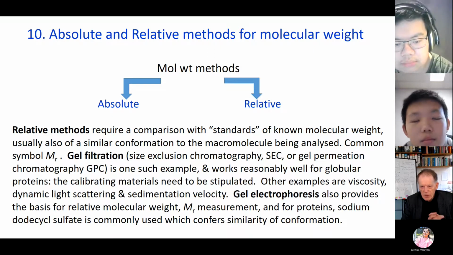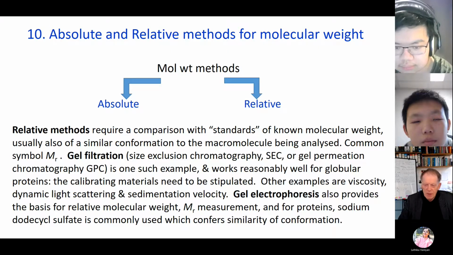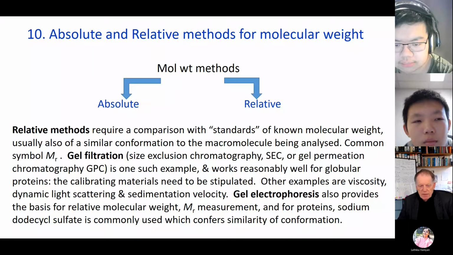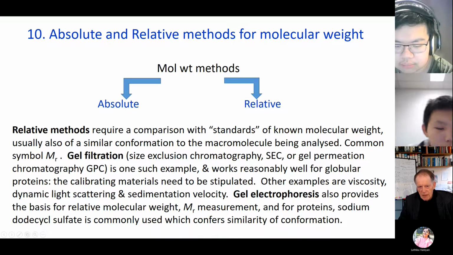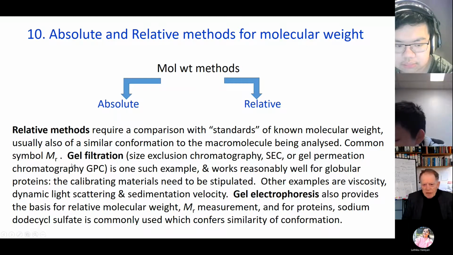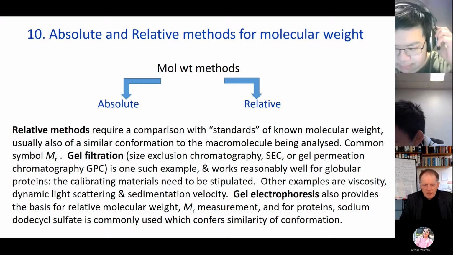So if you wanted to measure the molecular weight of a protein with these methods, you wouldn't use DNA as your standards. You'd use other proteins, other globular proteins, if it's a globular protein that you're studying. And we often give the symbol M with a subscript R to indicate these relative molecular weights. And if you're using these, you need to stipulate what standards they are relative to.